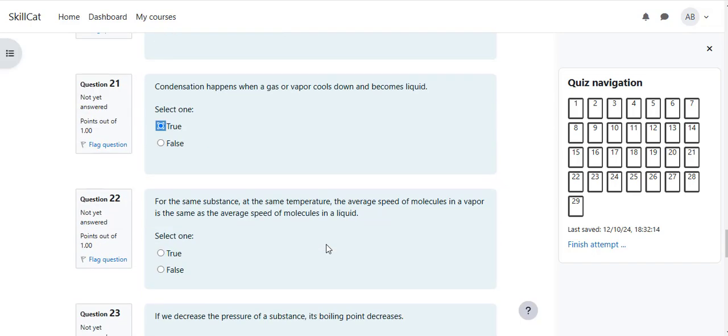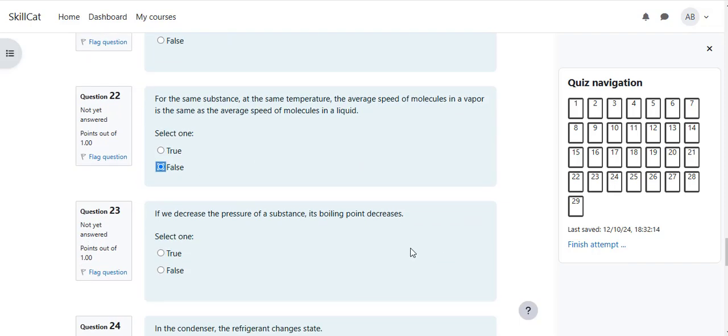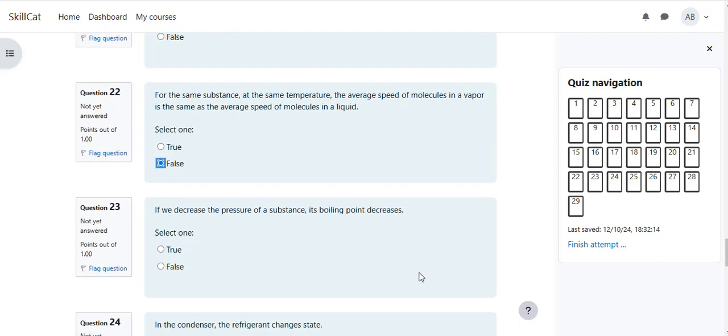For the same substance at the same temperature, the average speed of molecules in vapor is the same as the average speed of molecules in liquid. False. If we decrease the pressure of a substance, its boiling point decreases.